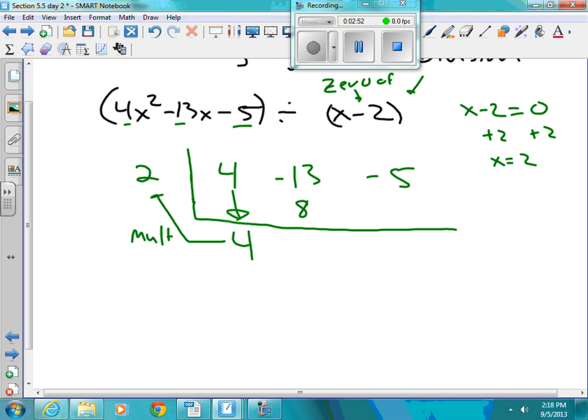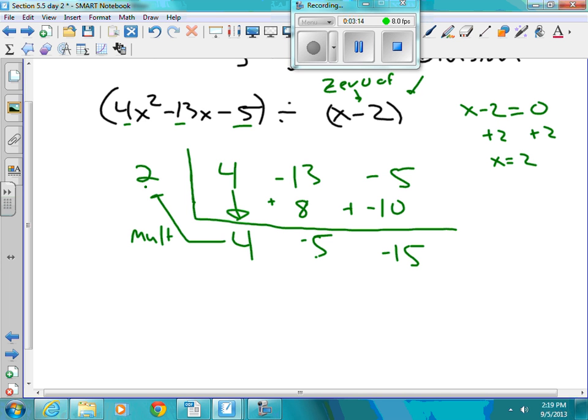That goes in the next line. Then we add negative 13 and 8, and we get negative 5. And then we do negative 5 times 2. That's negative 10. Negative 5 plus negative 10 is negative 15.